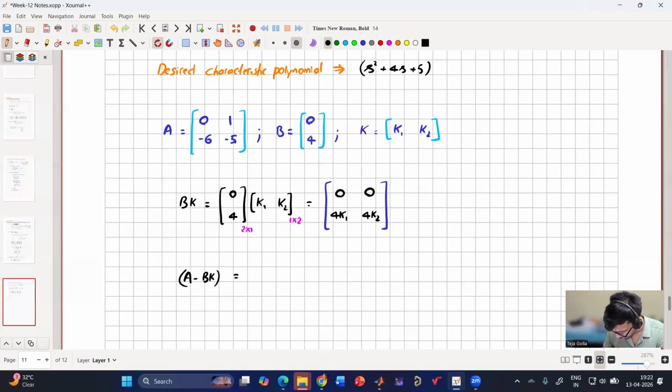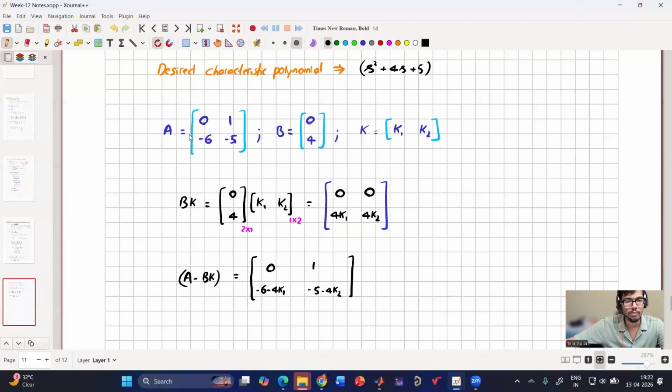So A minus BK, let me know if I'm making any mistake. So 0, 1, minus 6 minus 4k1, minus 5 minus 4k2. So this is my A minus BK. If I'm making a mistake, kindly let me know so that we don't end up with the wrong solution.